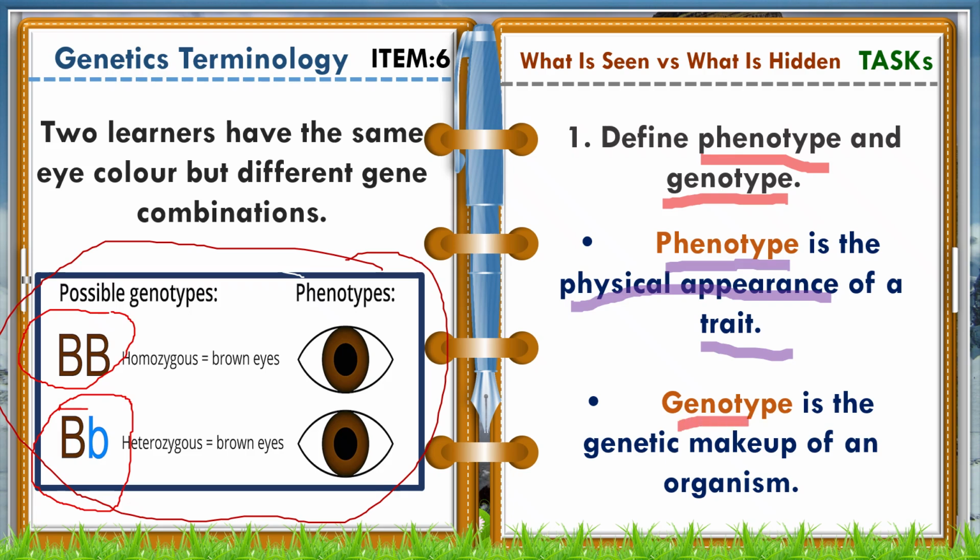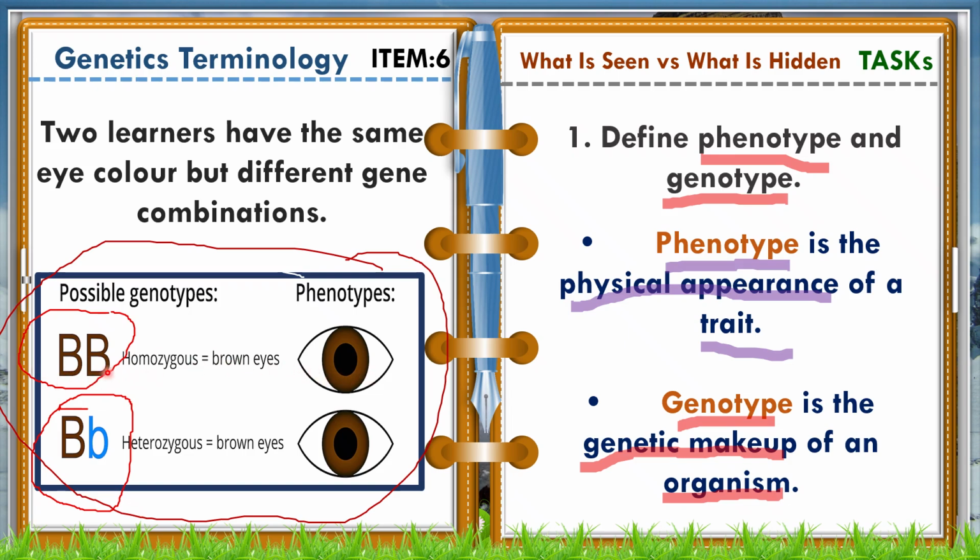A genotype is the genetic makeup of an organism. When you look at the genotype here, it is the hidden substance that cannot be seen. It is found on the chromosome. And it is the one that determines the phenotype.